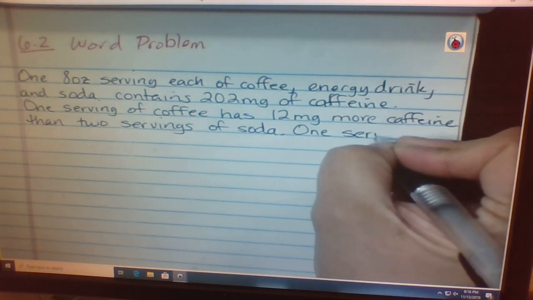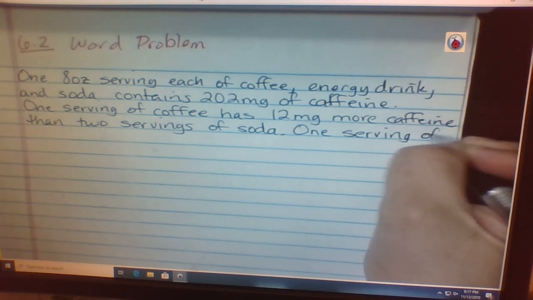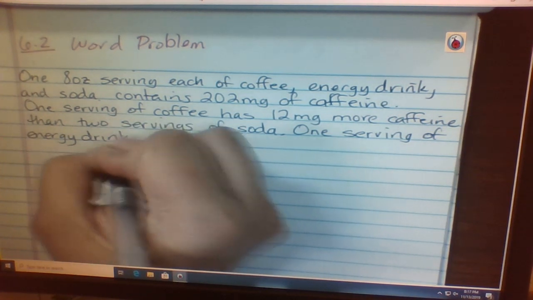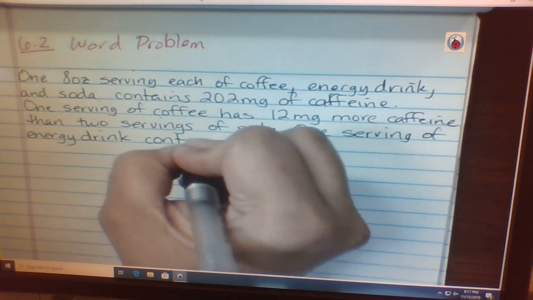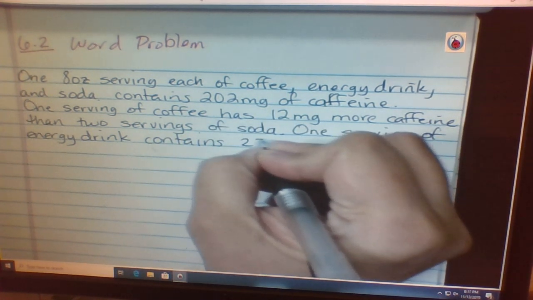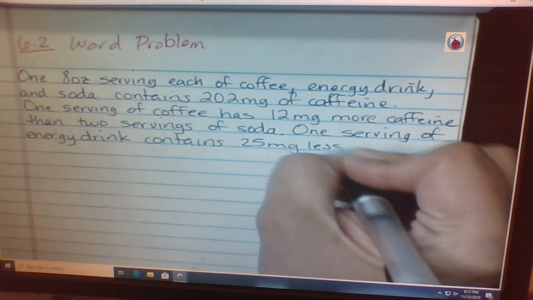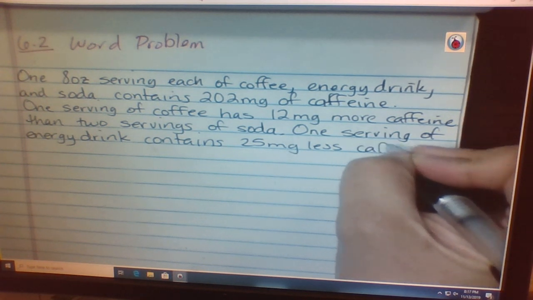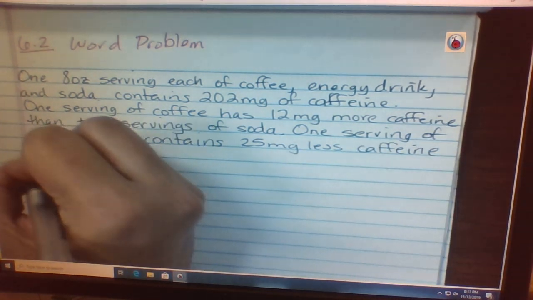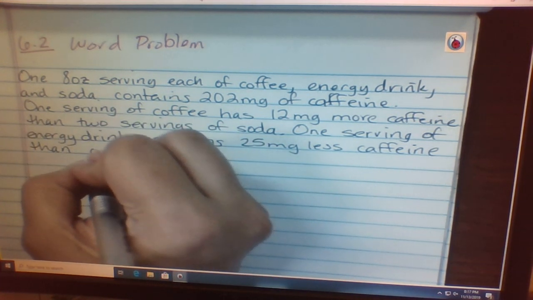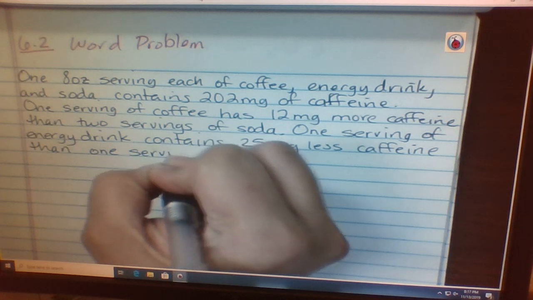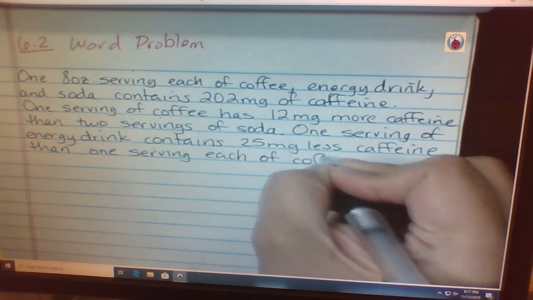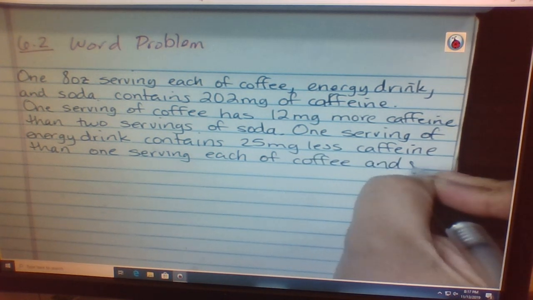1 serving of energy drink contains 25 milligrams less caffeine than 1 serving each of coffee and soda.